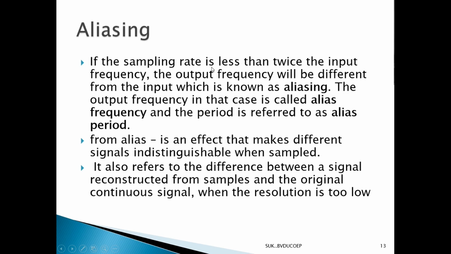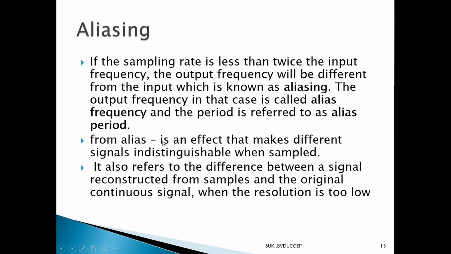If the sampling frequency is less than twice the input frequency, the output frequency will be different from the input, which is known as aliasing. The output frequency is called the alias frequency. You may have wondered what this aliasing is.